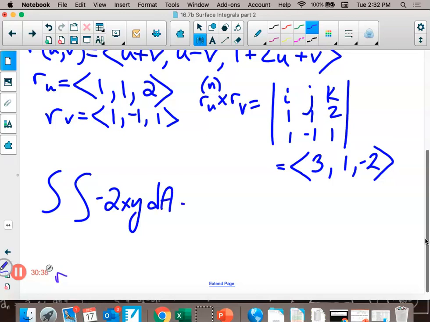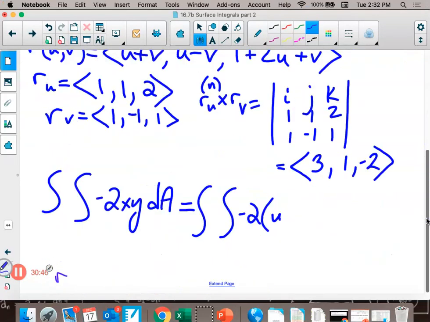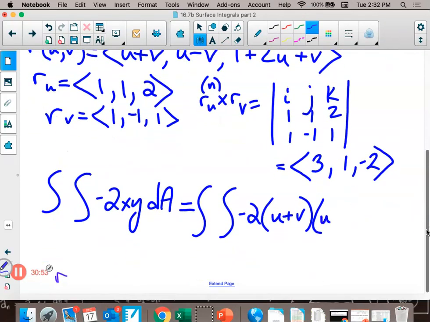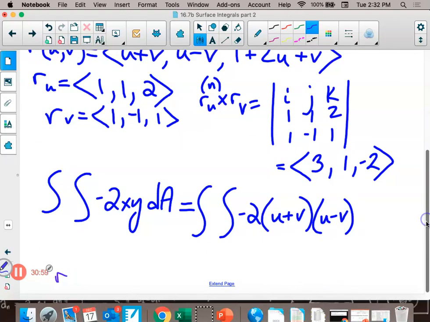So now let's rewrite this in terms of u's and v's. So negative 2 times x, which is u plus v, times y, which is u minus v, and then your v's are going from 0 to 1 and your u's are going from 0 to 2, dv du.